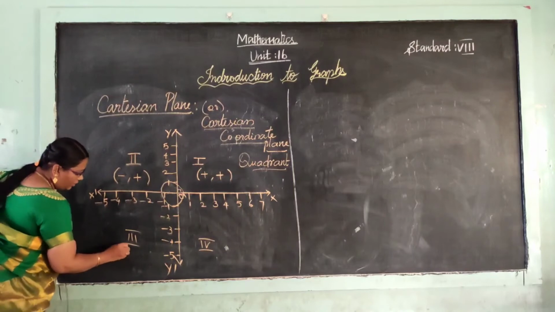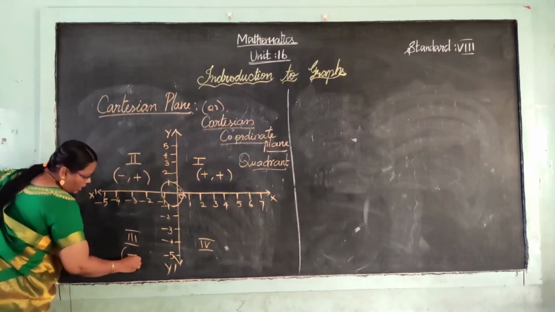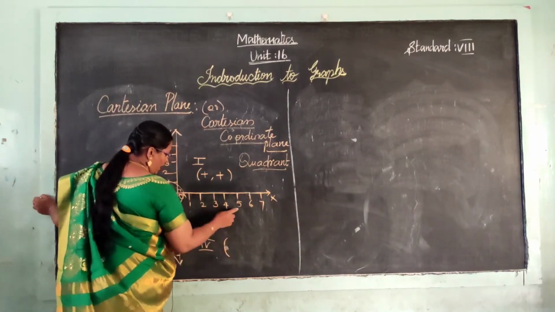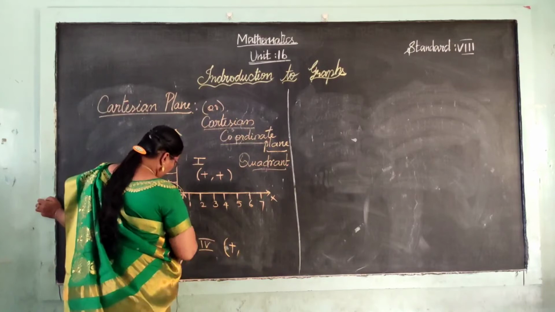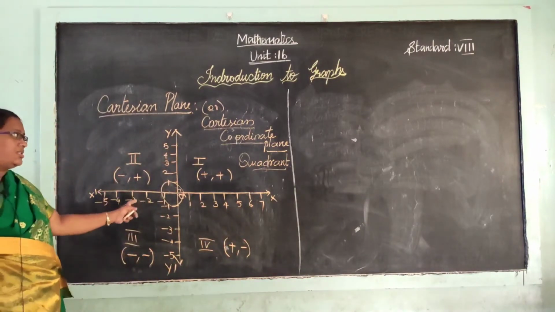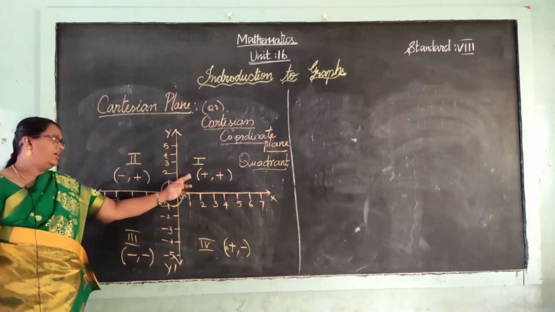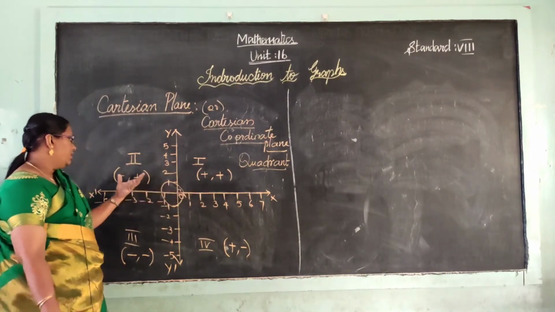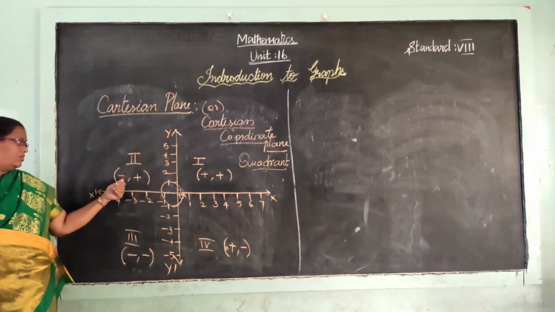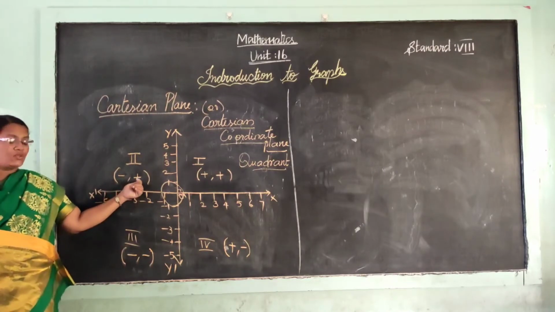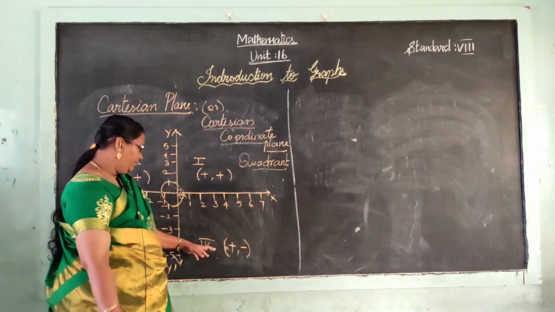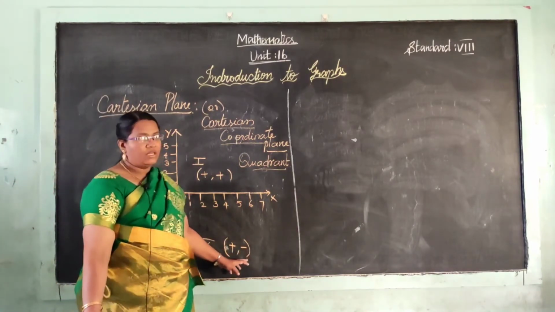In the third quadrant, both are negative. In the fourth quadrant, x is positive and y is negative. These are the signs of the quadrants.